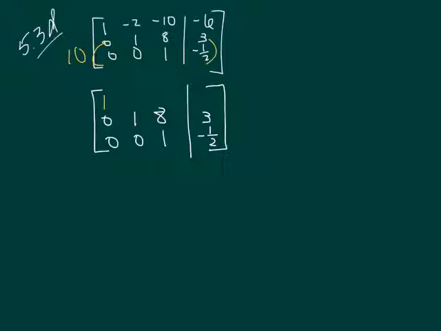Then we've got 10 times 0 is 0, plus negative 2 keeps that a negative 2. Then we've got 10 times 1 is 10, plus negative 10 is 0, and then we've got 10 times negative 1/2, which is negative 5, plus negative 6 is negative 11.